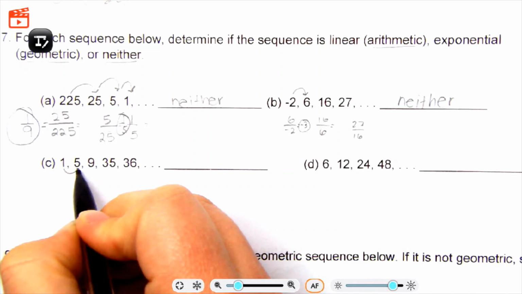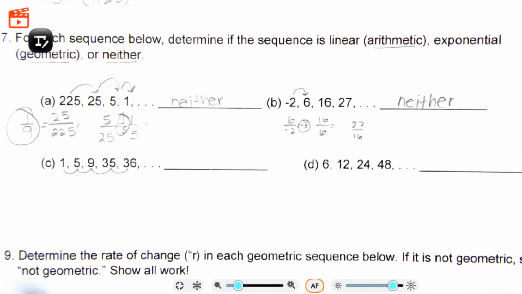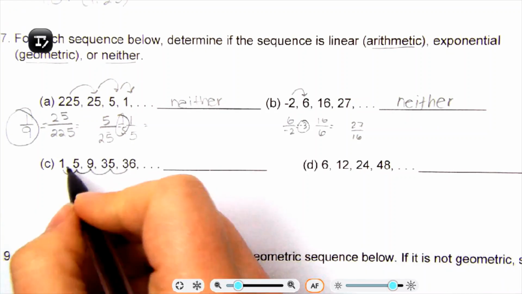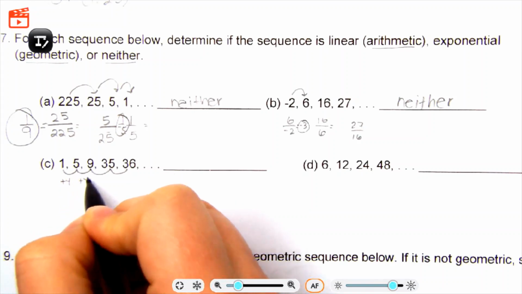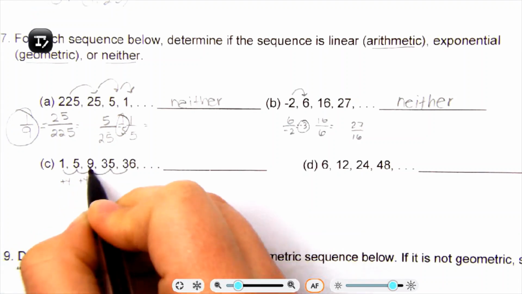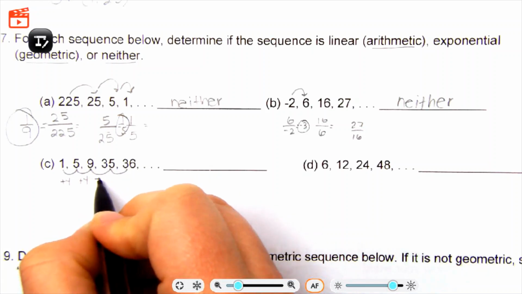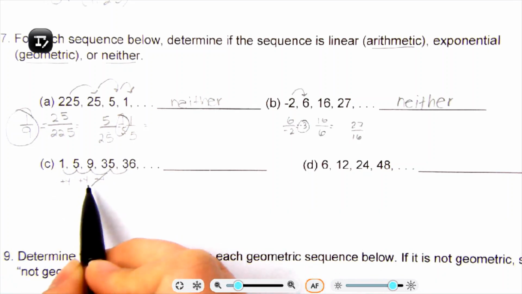1 to 5, 5 to 9, 9 to 35, 35 to 36. Let's see here. 1 to 5 is plus 4. 5 to 9 is plus 4. And then 9 to 35, that's a big jump, so this is definitely not plus 4. So this is non-arithmetic.